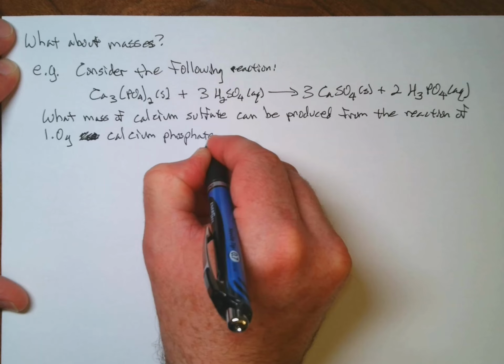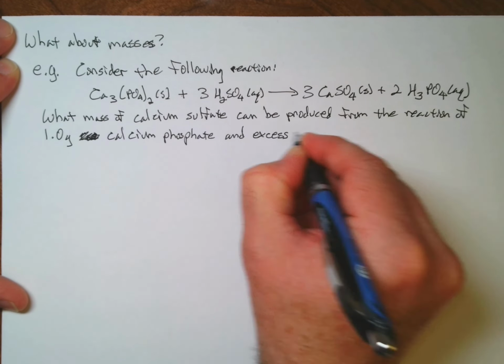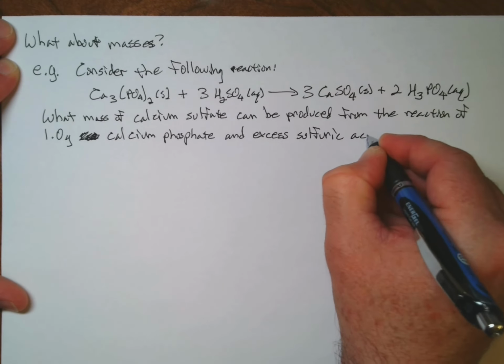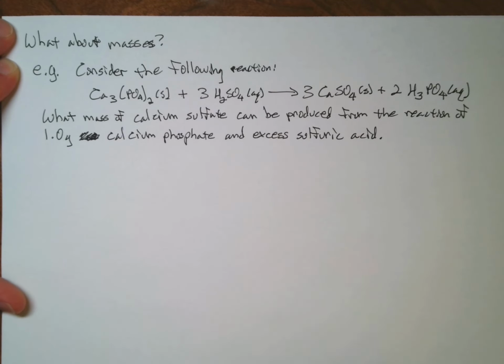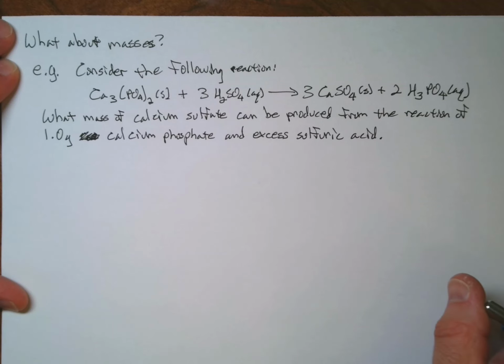and excess sulfuric acid. Now there's a reason that I'm mentioning excess sulfuric acid, and we'll see that in the next video when I start talking about limiting reactants. But for now, we'll just focus on converting mass to mass.